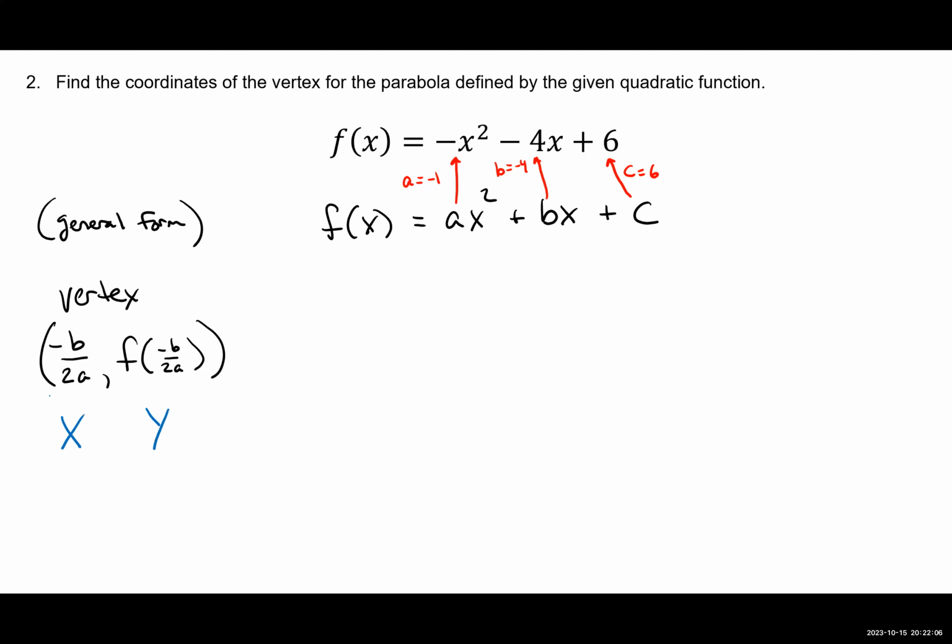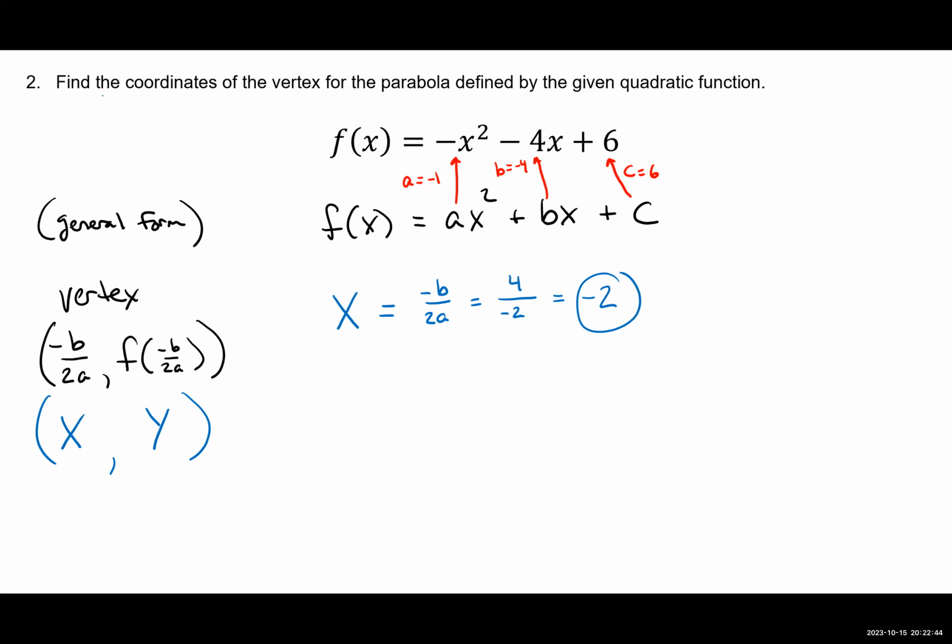So there's an x and a y. The x coordinate of the vertex is -b over 2a, which in this case, -b, so that's negative of a -4. So that's 4 over 2 times a. A is -1. So 2 times a -1 is a -2. 4 divided by -2 is -2. So that's half your answer.